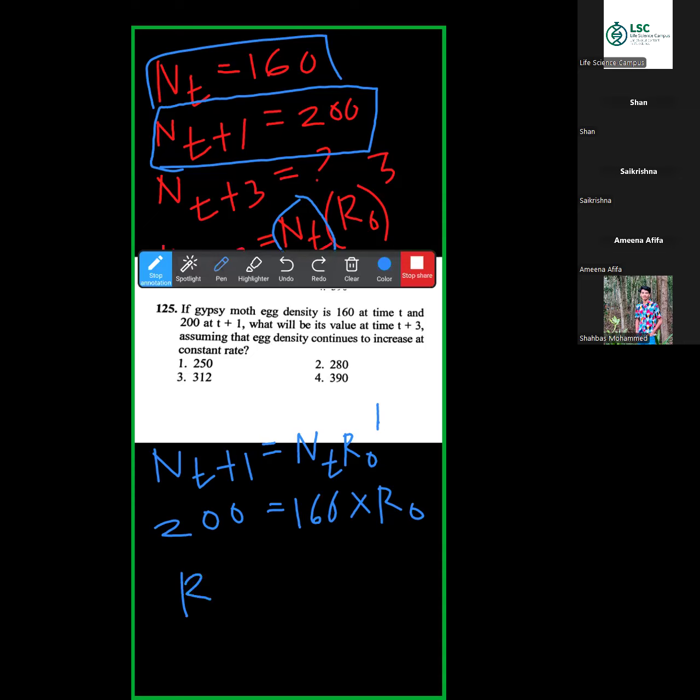So R0 becomes 160 divided by 200, 16 by 20, 1.25. So now we have this R0 value.